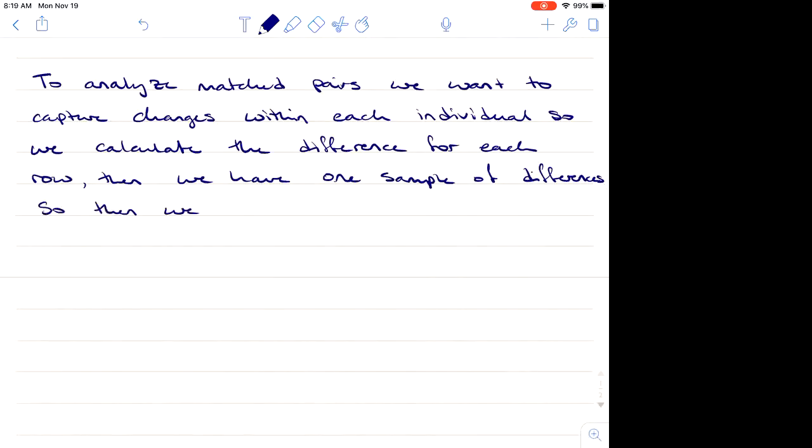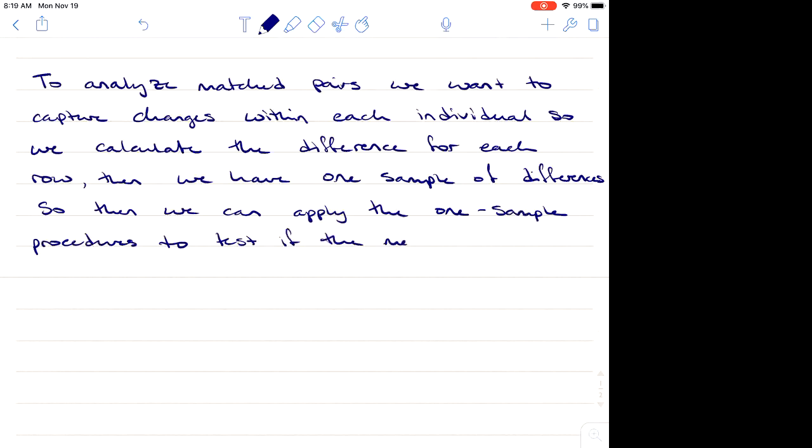So then we can apply the 1 sample procedures to test how the mean difference compares to 0.